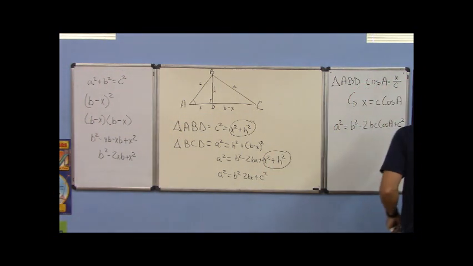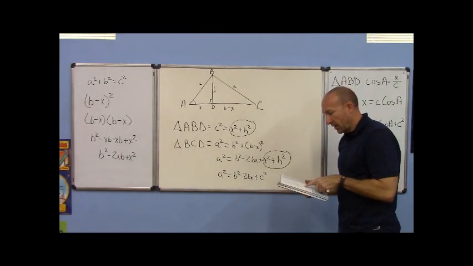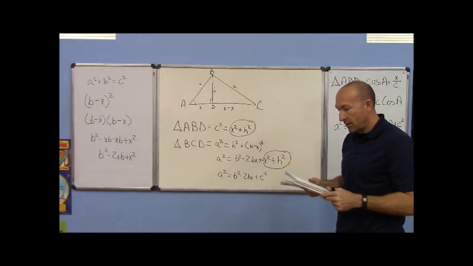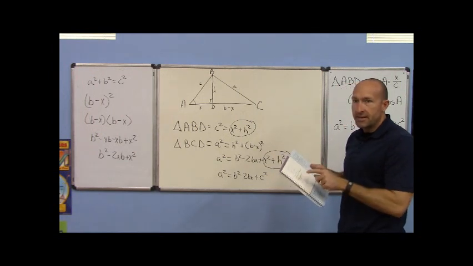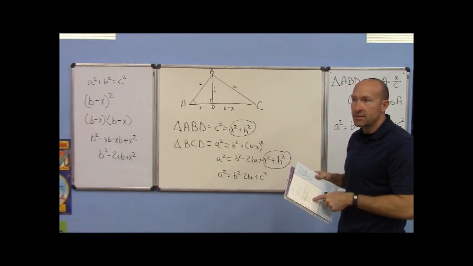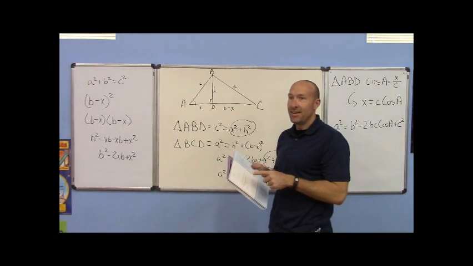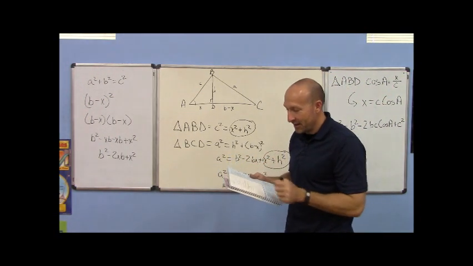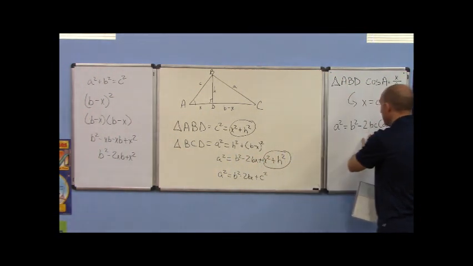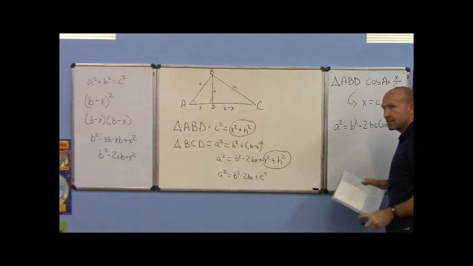Now, if you look over there in your book, on the right above example 1, you will see law of cosines. Write that down so that you don't have to go through this every single time. All right? Because we are able to do this, we have some consistency.